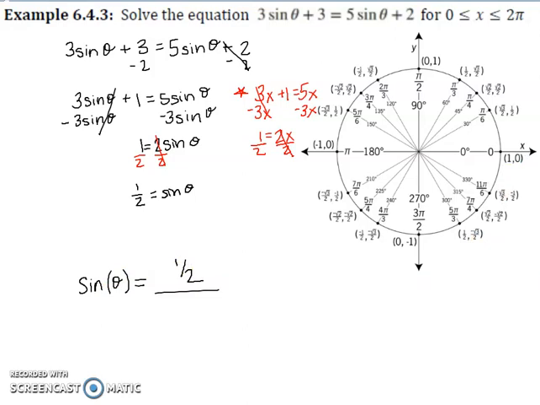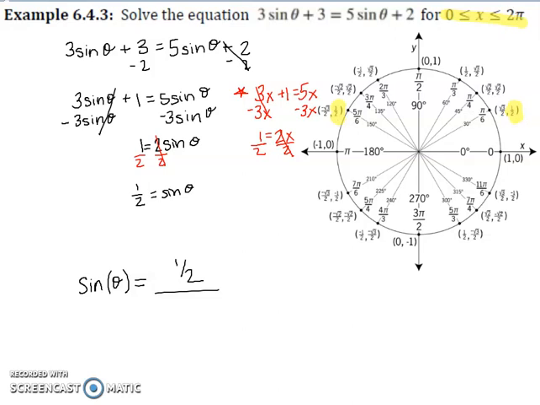And they would like us to solve this equation on the interval from 0 to 2 pi. So just like in our last example, I'm going to find the value of theta on the interval 0 to 2 pi that gives us a sine of 1/2. I see that occurring at pi over 6. I've got a sine value of 1/2, and I see it occurring at 5 pi over 6.